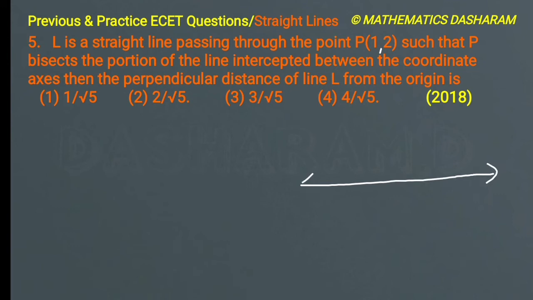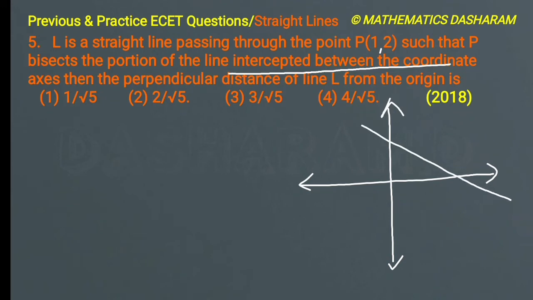Here is the x-axis and here is the y-axis. The line intersects the x-axis at (a, 0) and the y-axis at (0, b), and the point P is bisecting this line. Bisecting means exactly the middle point of this line.